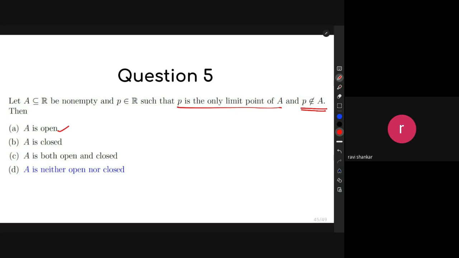Why? Because then the only limit point assumption will be broken. So what happens if A is open?